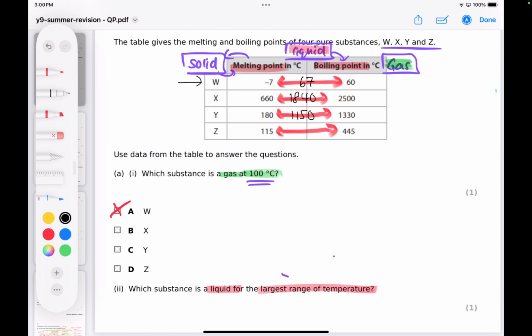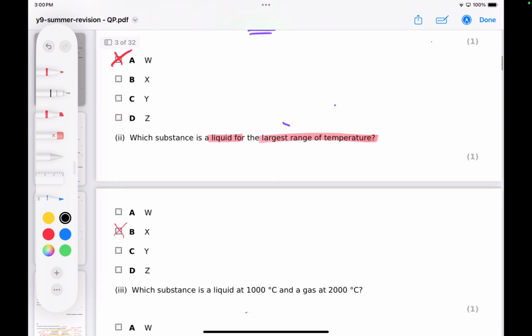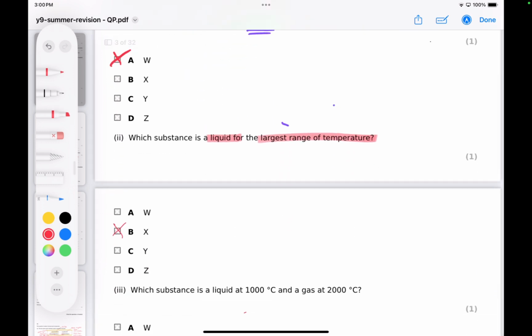We are using the boiling point minus the melting point, so we find out the temperature range that exists in a liquid state. The largest value is X. The range over which the liquid exists is 1840 degrees Celsius, the difference between the melting and boiling point. So X will be our answer for part 2.